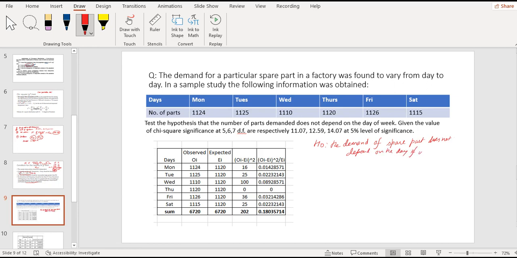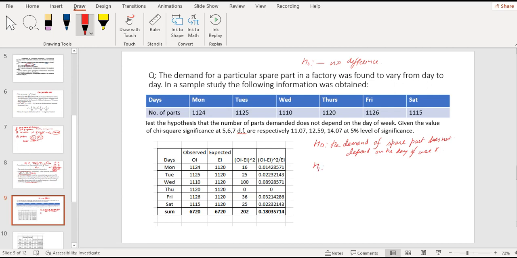Okay, why have we chosen this? Because by default we know that the null hypothesis means no difference or no change. So generally we assume that there will be no change in the value. It means that the demand of the spare part will remain the same throughout the week. And what about the alternative?